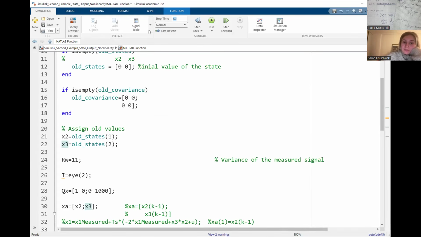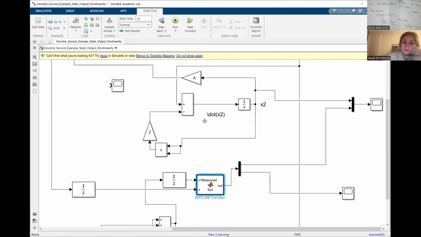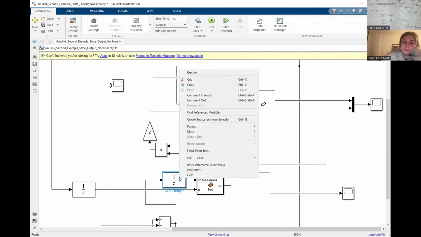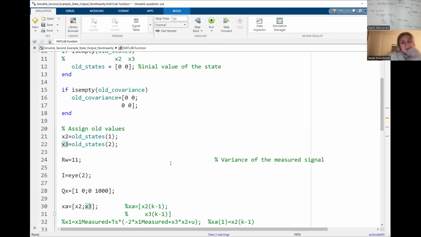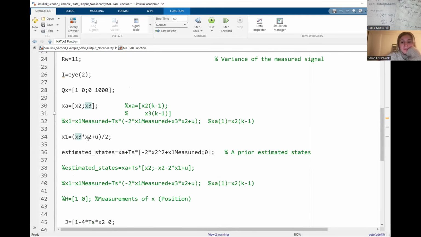Let me go inside here. Let me comment through this one, because in the first example we don't have the delay, because we measure directly the output x1. This means comment through, and this means simulate that, not see this delay. If I go here inside, do you remember here?